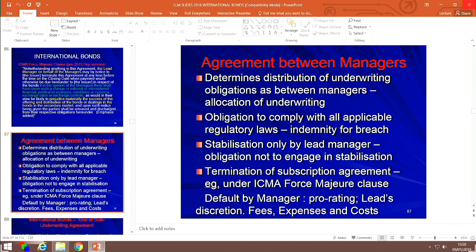So it will be listed in Frankfurt or London or Paris or Tokyo or Singapore or Hong Kong. No, not in New York, and I'll tell you the reason why shortly. It's to do with United States securities laws. Most international bond issues are actually listed outside the US.